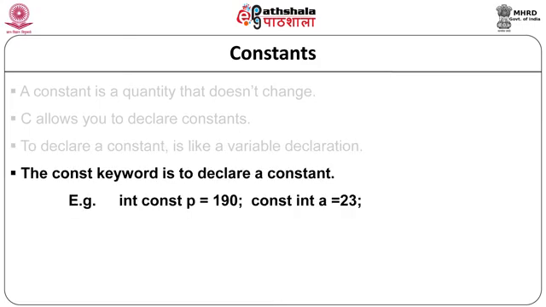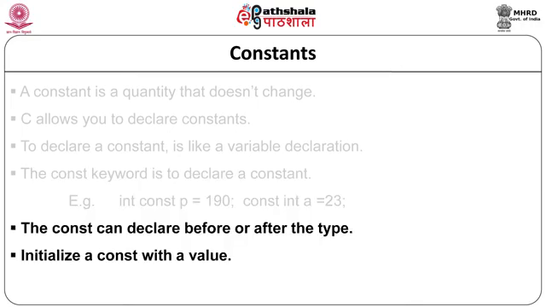The const keyword is used to declare a constant, like const int p equal to 190 or int const a equal to 23. The const can be declared before or after the type. Initialize a constant with a value.